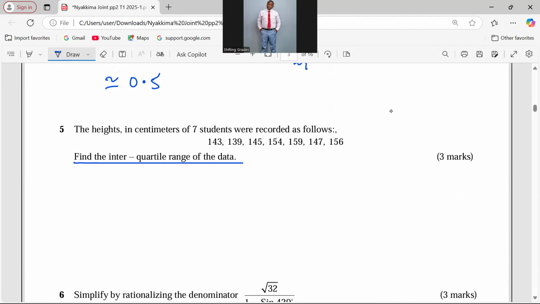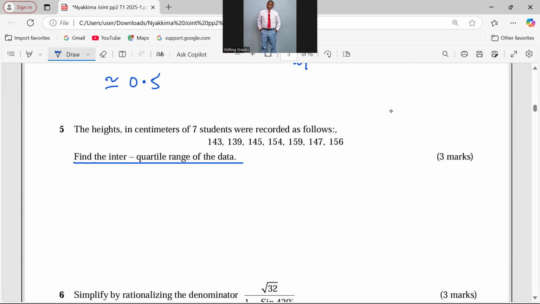So for us to find the interquartile range of the data, remember, interquartile range is one of the measures of dispersion. And in this particular case, what we should begin with is arranging the data in ascending order.